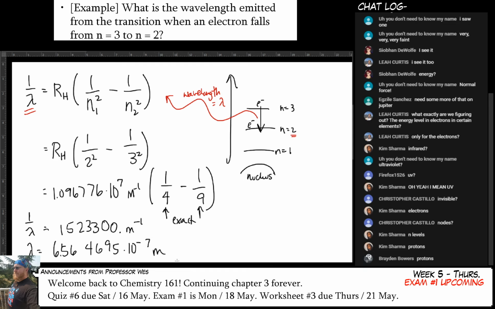So that's what my wavelength is in meters, and then when I change this to nanometers, I get this. I kept wanting to write it in nanometers so bad, you guys. There we go. So this is how the wavelength of transitions in the atom are determined, by using the Rydberg equation.